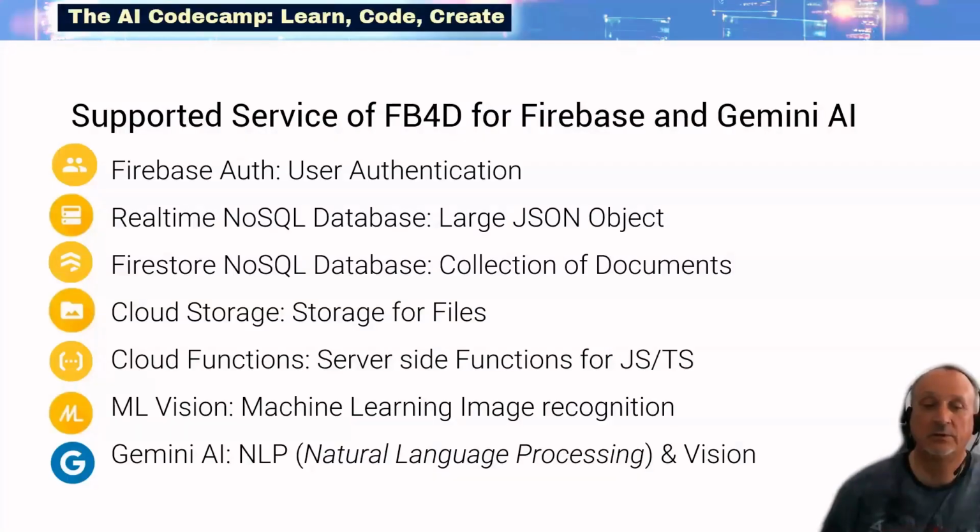The third one is a newer NoSQL database, the Firestore, which contains collections of documents. Then we have the cloud storage for storage of files in the cloud. Next, we have cloud functions for running server-side functions written in JavaScript or TypeScript.